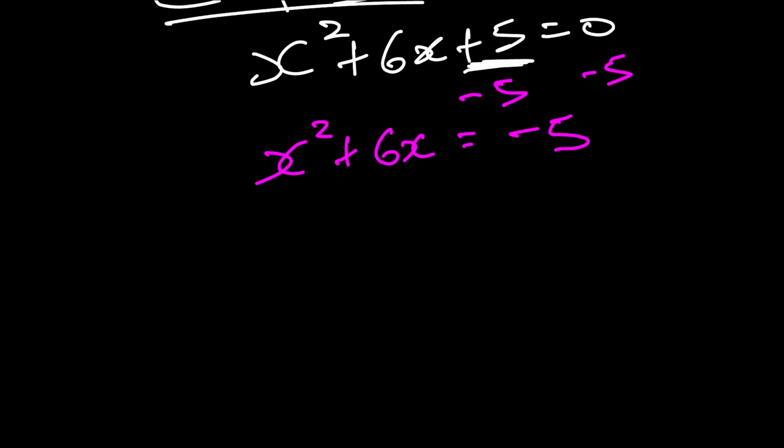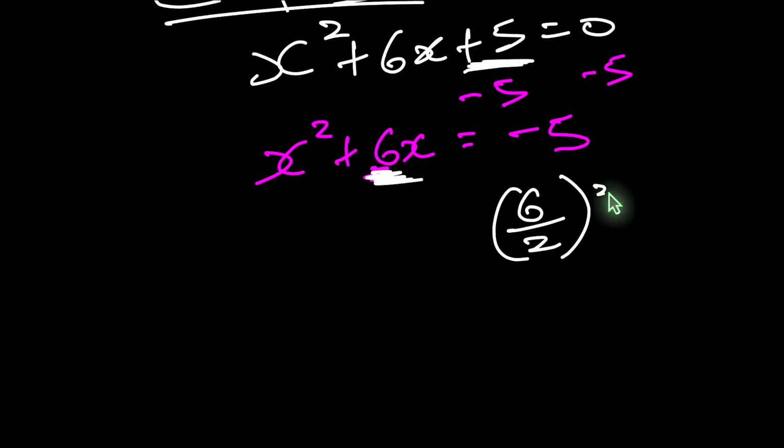Now step 2 is kind of 2 steps. We're going to half this term, the 6 there, and square it. So that's the two things that I was saying. Half of 6 is 3, and 3 squared is 9. So this 9, we're going to add to both sides.